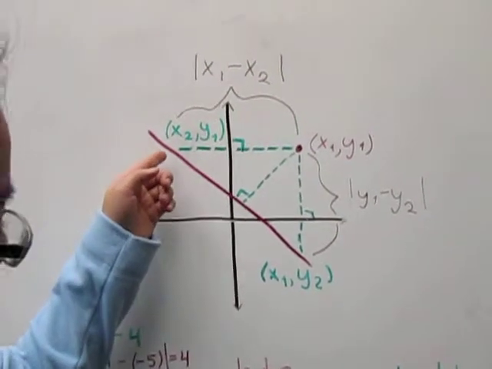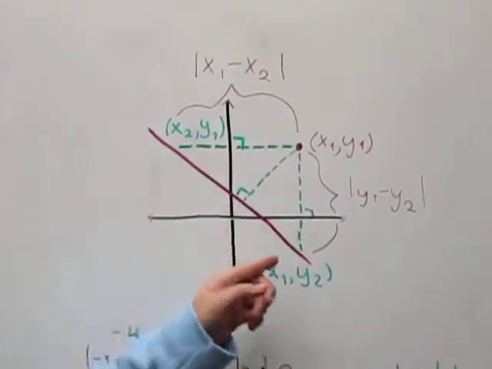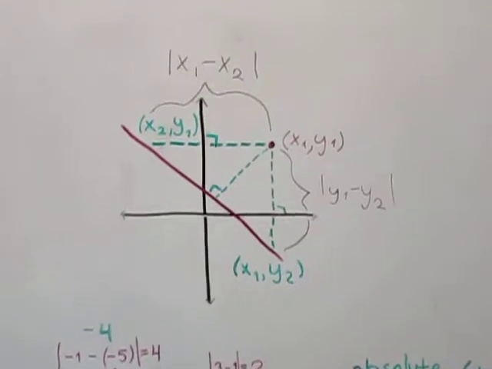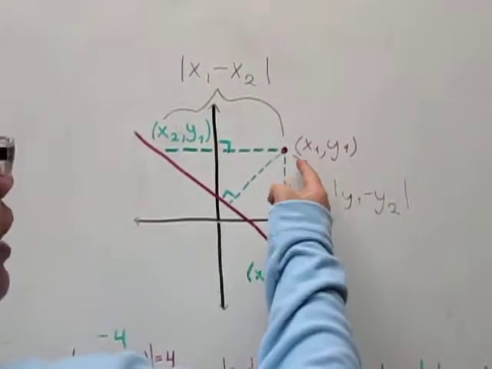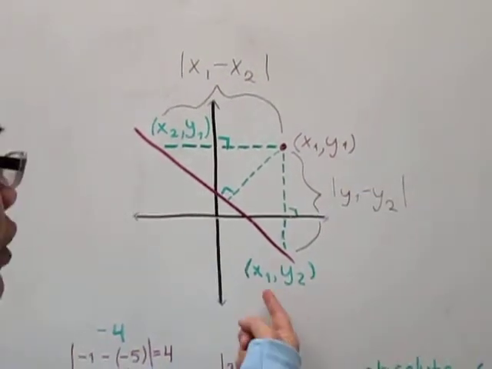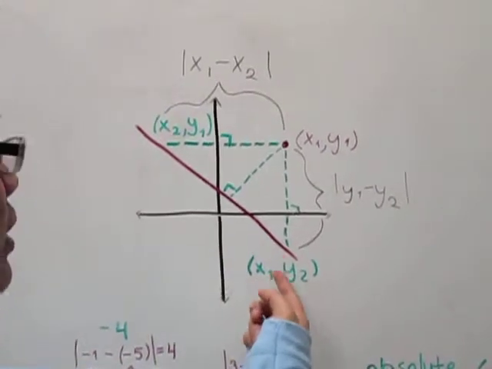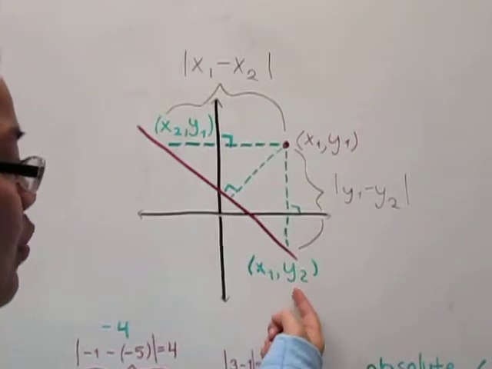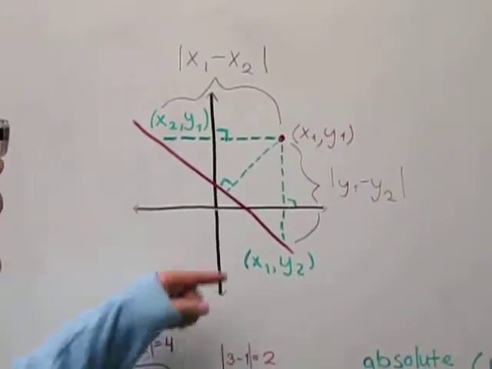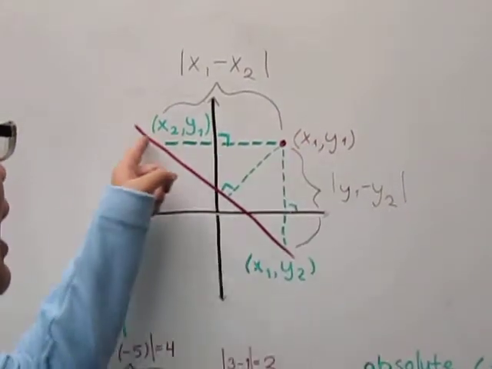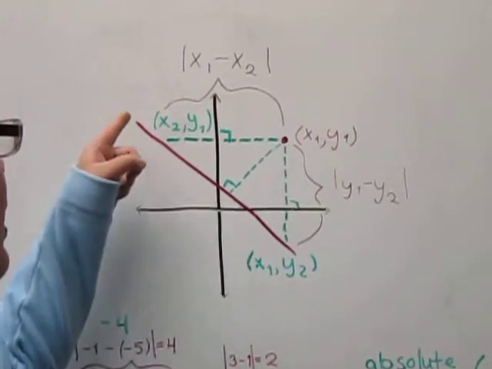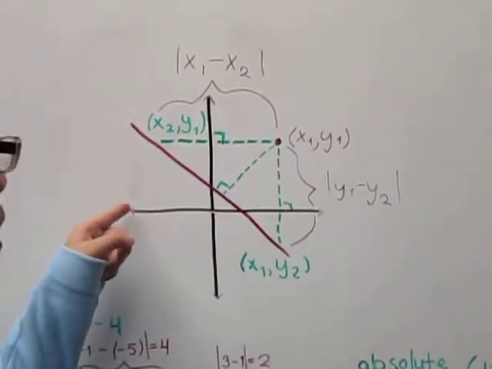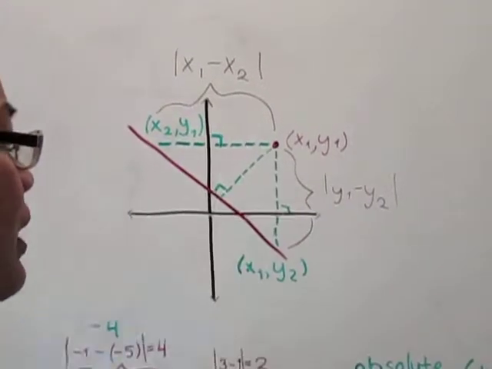And it creates 3 intersecting points, the 3 vertices of our triangle. This is our given x1, y1, and our new point x1, because it is parallel to the y-axis, it has the same x, and y2, a different y. In the same way, we have a new point here that is x2 and y1. Because it's parallel to the x-axis, it has the same y.